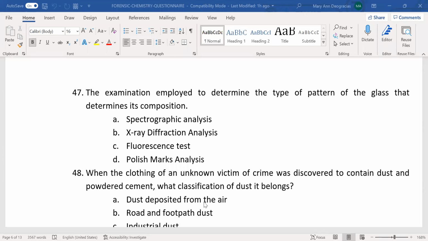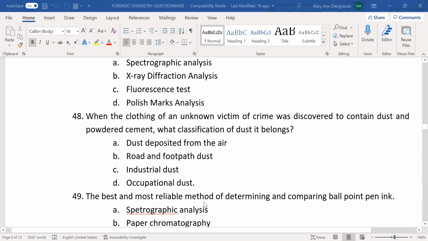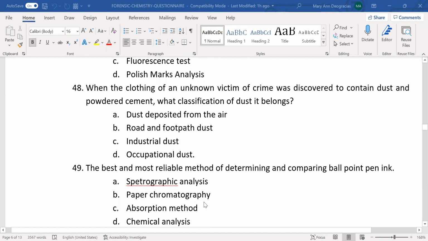Number 48. Ayan. Oh, this is a question which is case study. When the clothing of an unknown victim of crime was discovered to contain dust and powdered cement, what classification of dust does it belong? So A, dust deposited from the air.